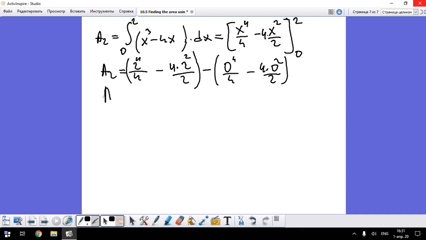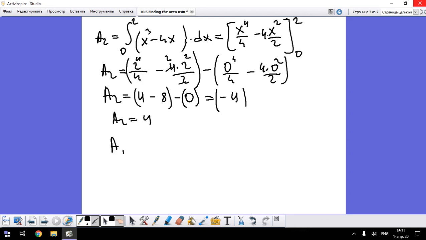And then area 2 must be 4 minus again 2, and 2 will be cancelled out. Let's have 8, and minus 0. So as a result, area again we get minus 4. You know the area should always be positive, so area 2 is again 4.